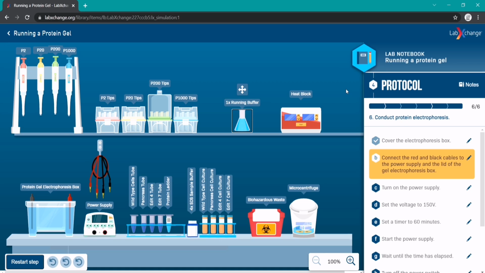The sixth part will be conduct protein electrophoresis. Firstly, cover the electrophoresis box. Then, connect the red and black cables to the power supply and the lid of the gel electrophoresis box.